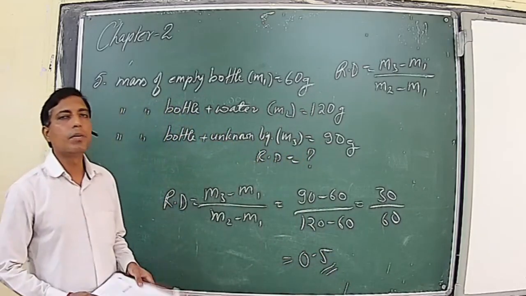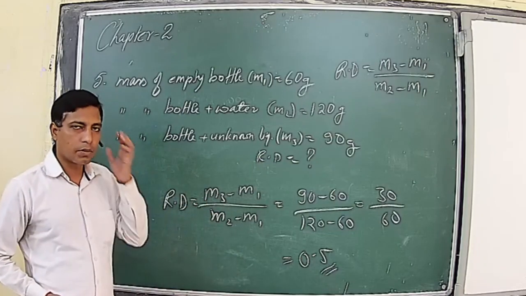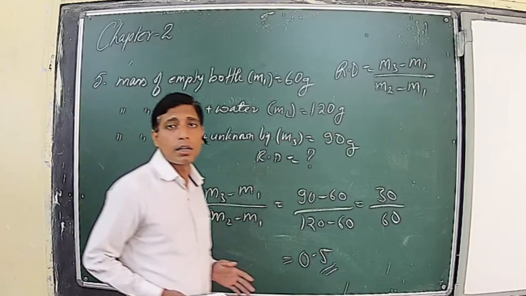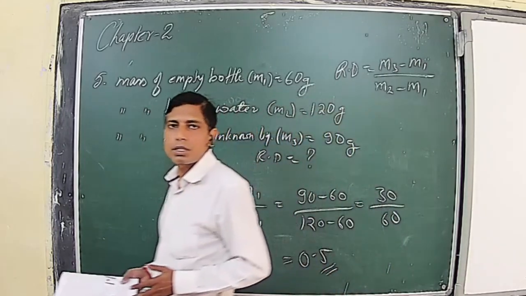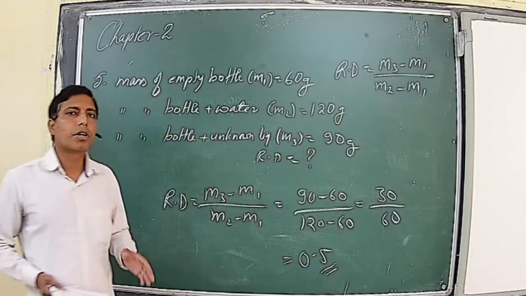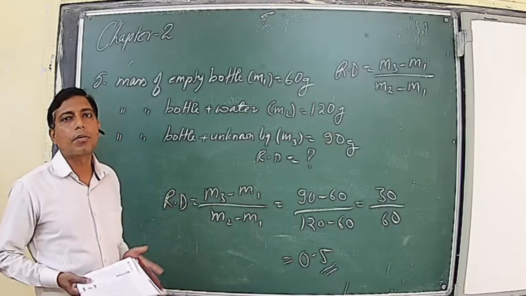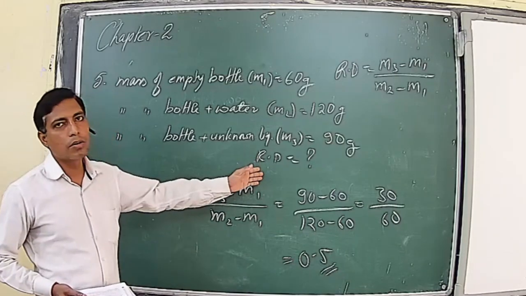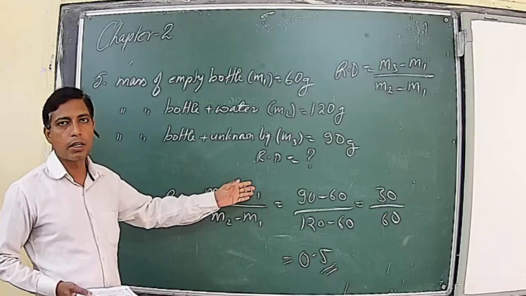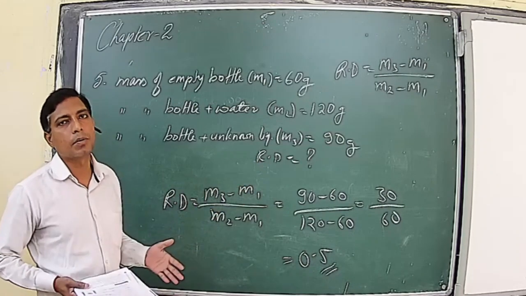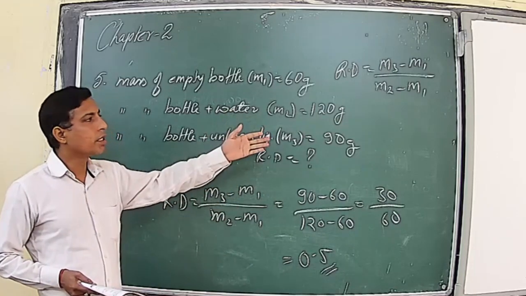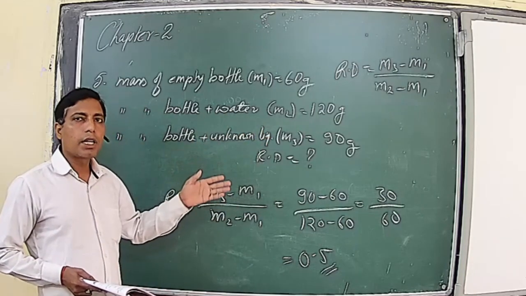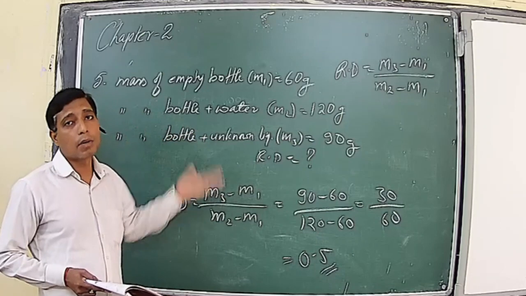So this is how we will approach a numerical. As I have always said, whenever you are solving any numerical, first read the numerical carefully, then note down all the given information, then find out which formula is suitable or what other information is required to calculate the unknown quantity asked in the numerical. Second, whenever you are placing the values of the quantities, always be careful that all the values are in the same system of units.